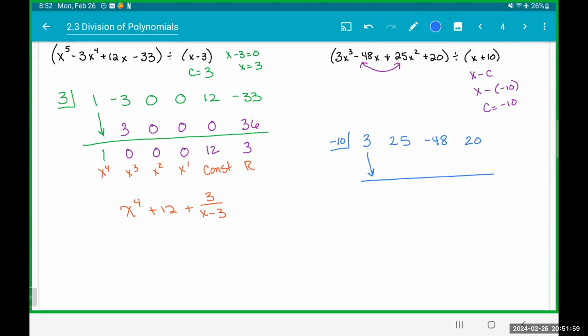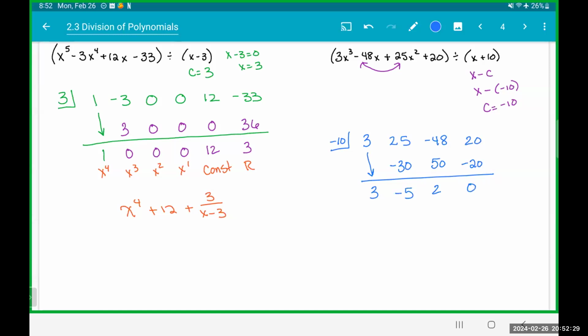Let's bring down that first term. So 3 times negative 10 is negative 30, plus 25 is negative 5. Negative 5 times negative 10 is positive 50. Minus 48 is 2. 2 times negative 10 is negative 20, plus 20 is 0.